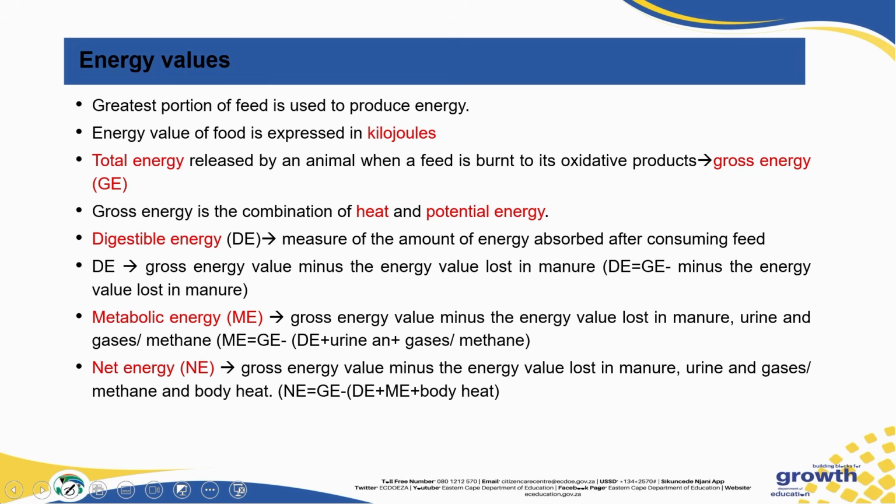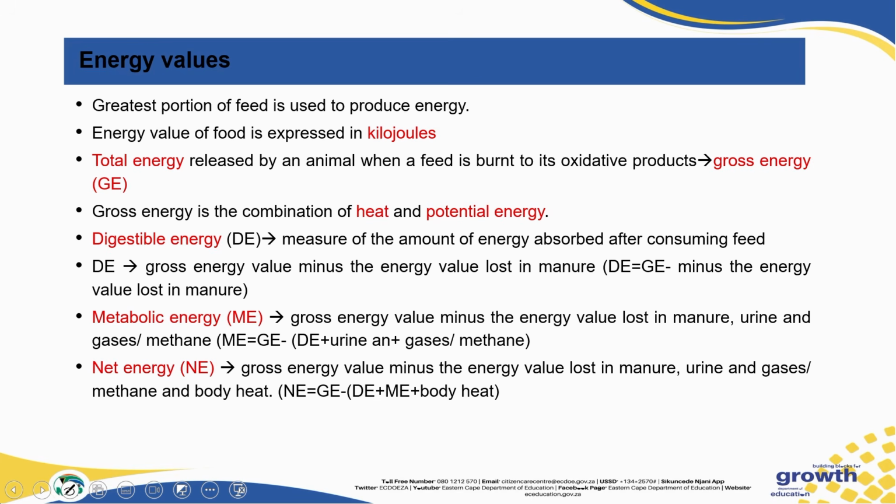One of the functions of food, in our standard 2, we used to say food gives us heat and energy. Even now, food gives heat and energy. So when we talk of the energy values of a feed, we say most of a feed that is eaten by an animal is used to produce energy.